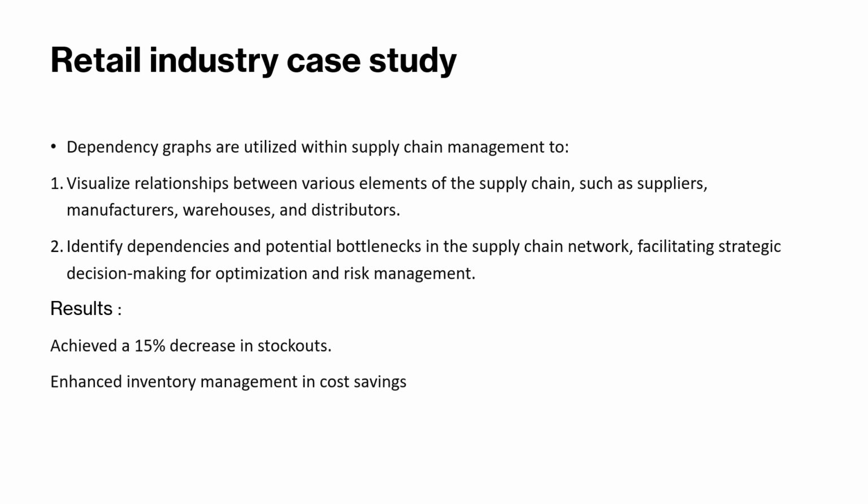They identify dependencies and potential bottlenecks in the supply chain network, facilitating strategic decision making for optimization and risk management. A retail company applied dependency graphs to its supply chain management and, by understanding task dependencies, optimized inventory management and reduced stockouts by 15%.